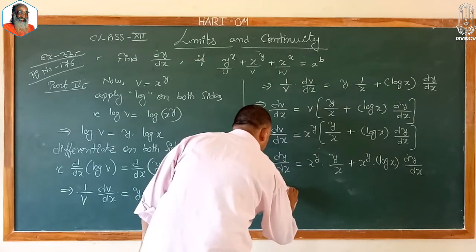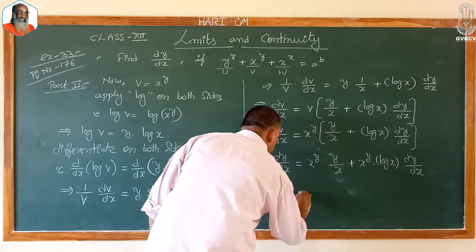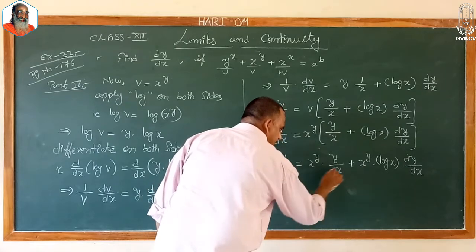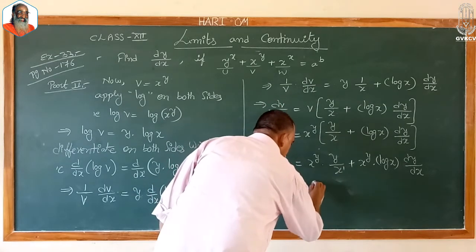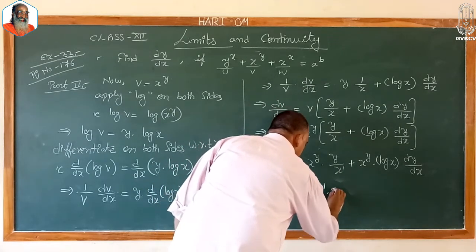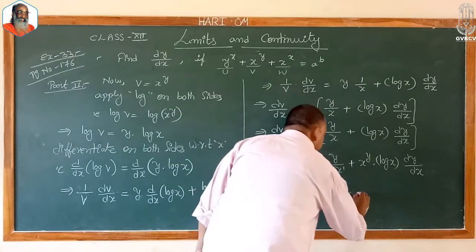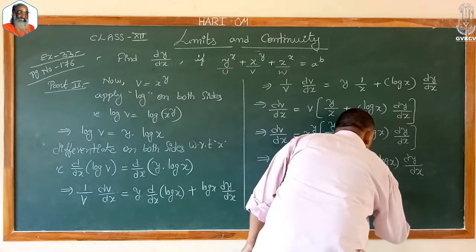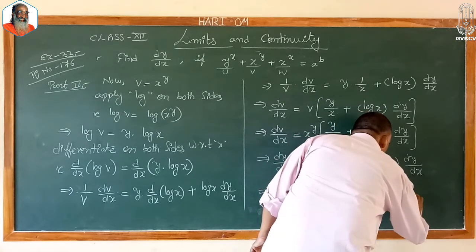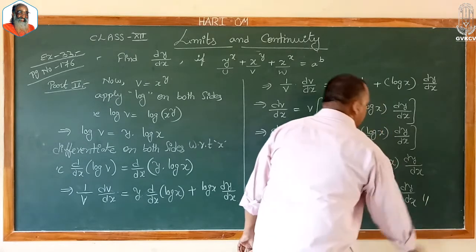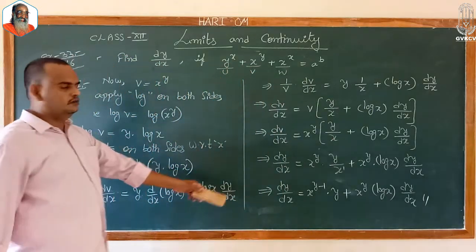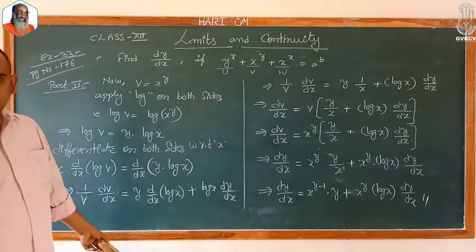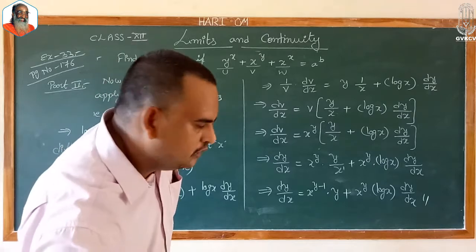Let us multiply inside. That implies dy by dx is equal to x power y minus 1 into y plus x power y into log x into dy by dx. This is about part 2.